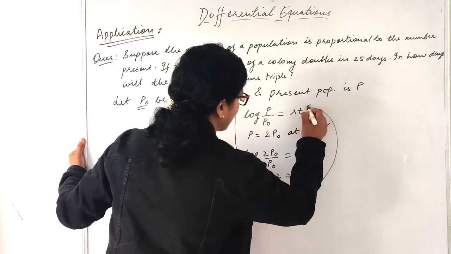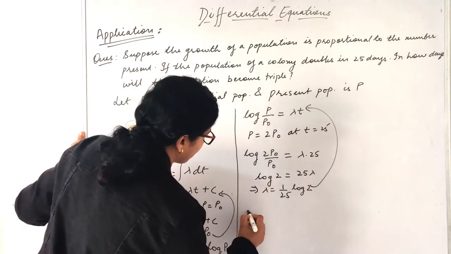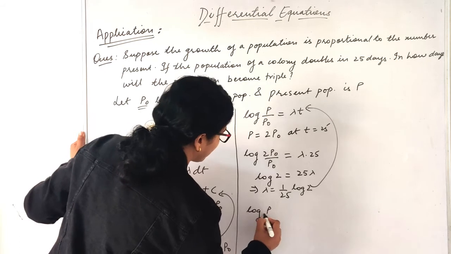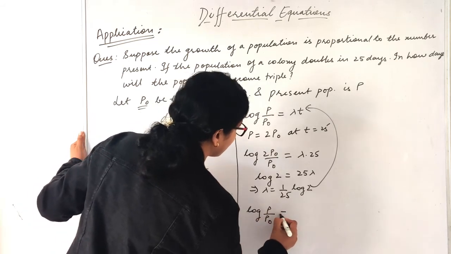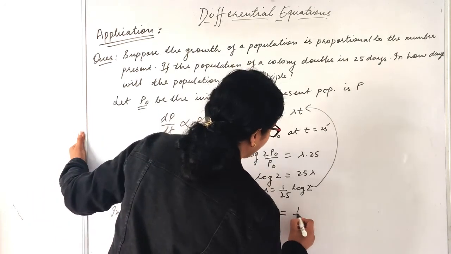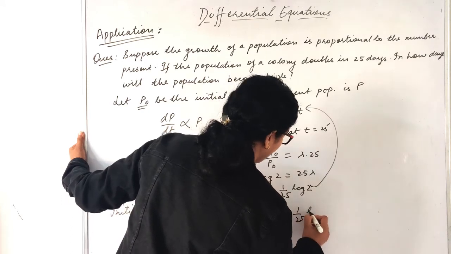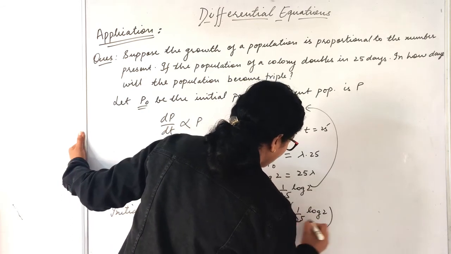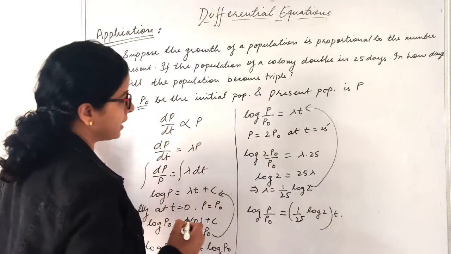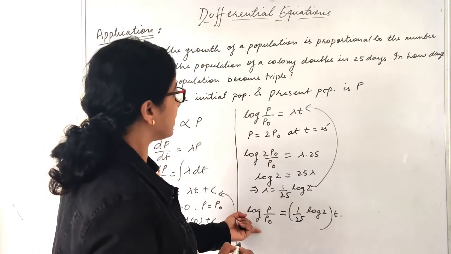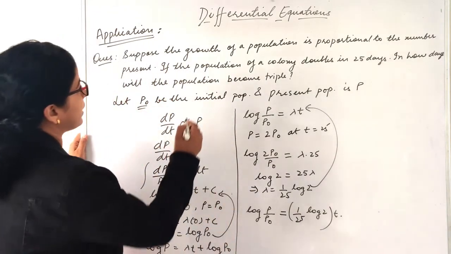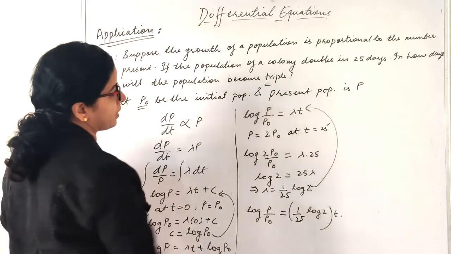Let us substitute this part here. So what does my equation become? It becomes log P upon P0 equals 1 by 25 log 2 into t, right? Now it is given to us that we have to find when the population will become triple, right?